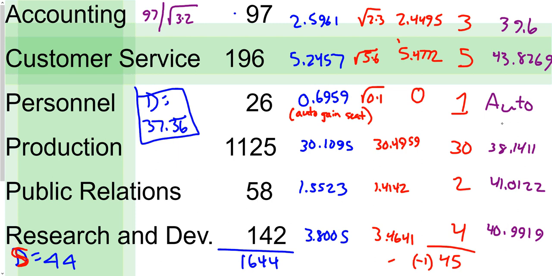Remember, the divisor has to go up. The divisor goes up from 37, and the first number it's going to hit is 38, and so we're going to go down to 29.